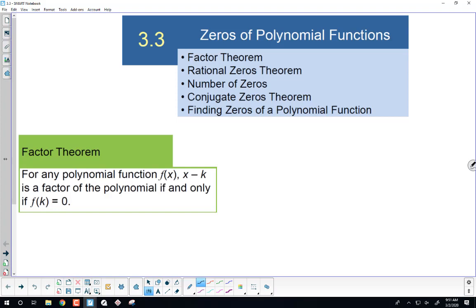So there's our factor theorem that we mentioned on the last page of our previous section. It says that if x minus k is a factor, then x equals k. Remember, this is our input. x equals k is 0. And that's our definition of a 0 right there.